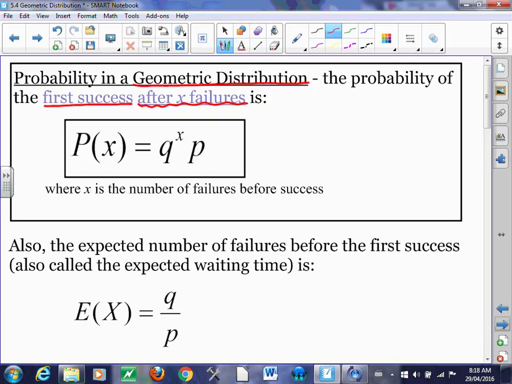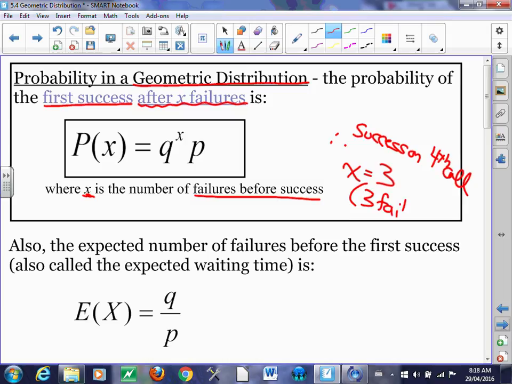Out of X failures. So here's the key. X is the number of failures before success. So in that last example, it would have been X equals 3 because there was success on 4, right? So success on the fourth call, therefore X equals 3 because there's 3 failures first.